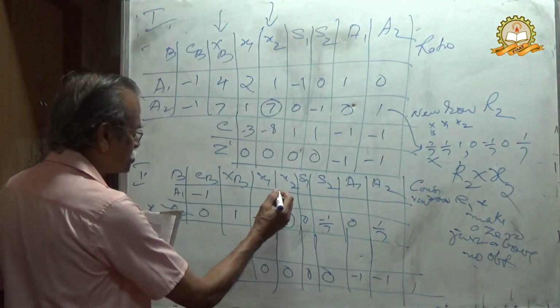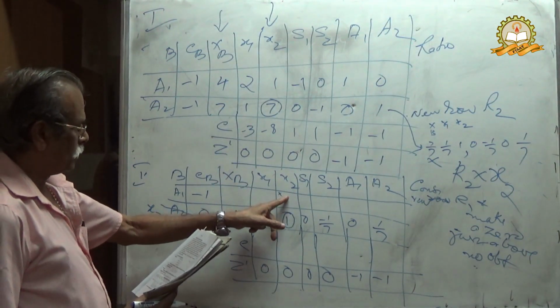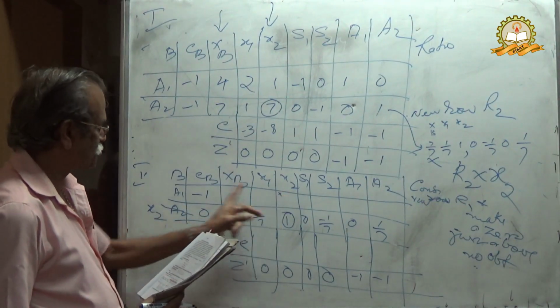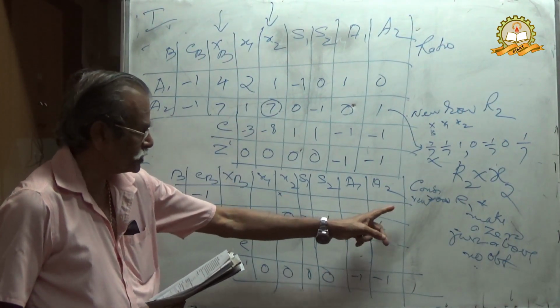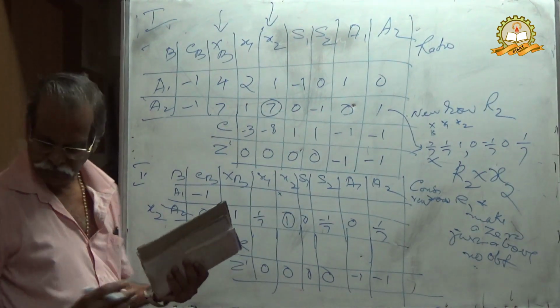That means this should be made 0. Above the pivot number, this is your new R1. This is your old R1. Make this into 0.